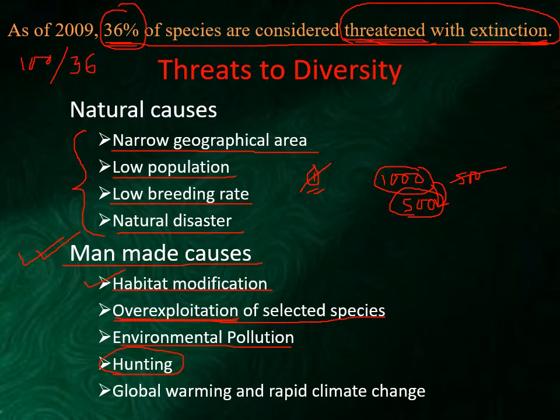So these are the causes made by the sole biological entity, that is humans, that is not natural. If by some way in the entire earth there are no humans, then automatically these reasons will not be there in the earth.